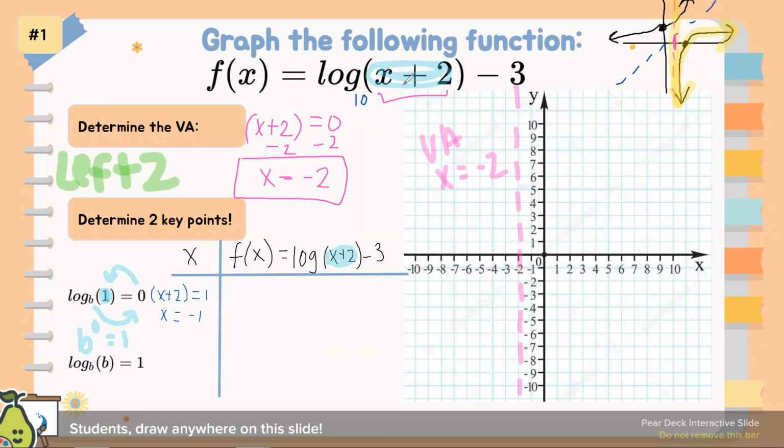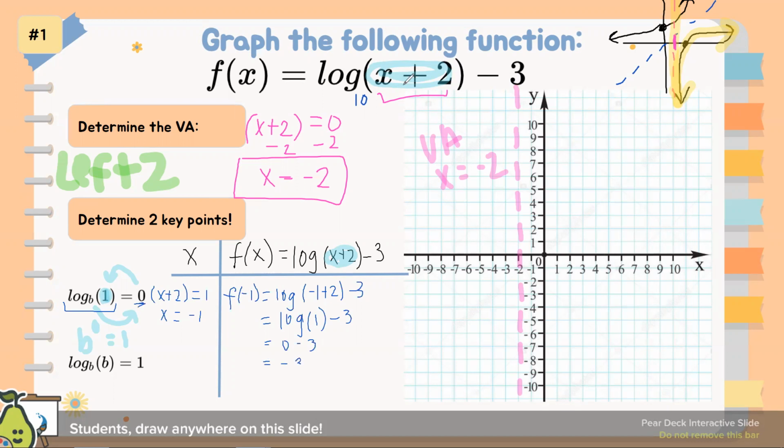And so if x is -1, then f of -1 gives us log base 10 of -1 plus 2, minus 3. That's really log of 1 minus 3, but we know that log of 1 is equal to 0, right? From this property, log of 1 is equal to 0. So that becomes 0 minus 3.